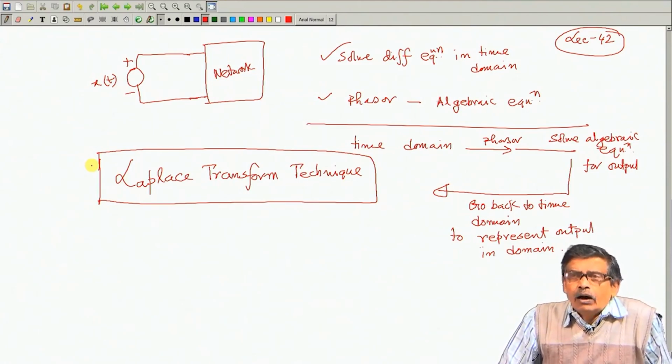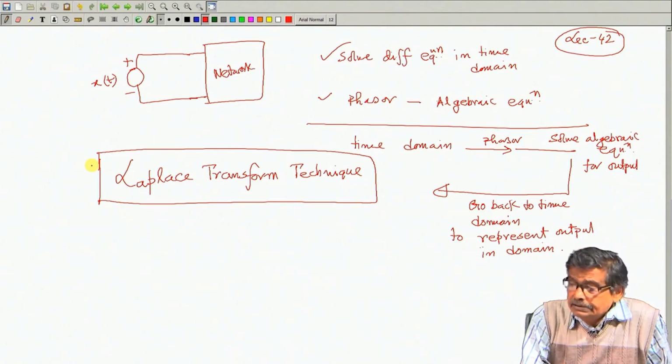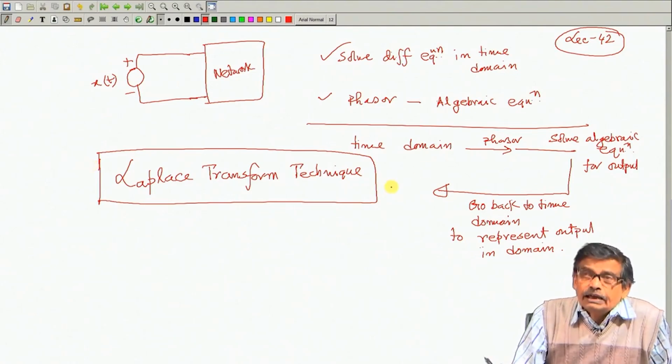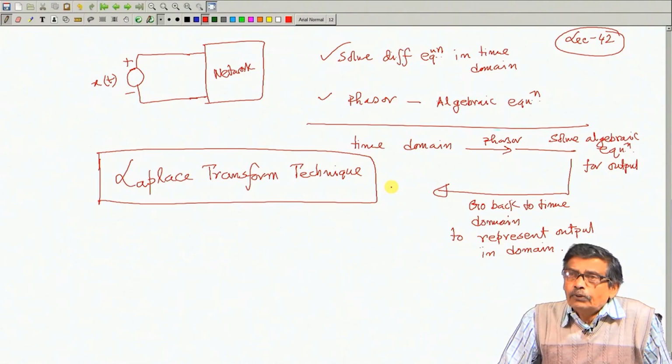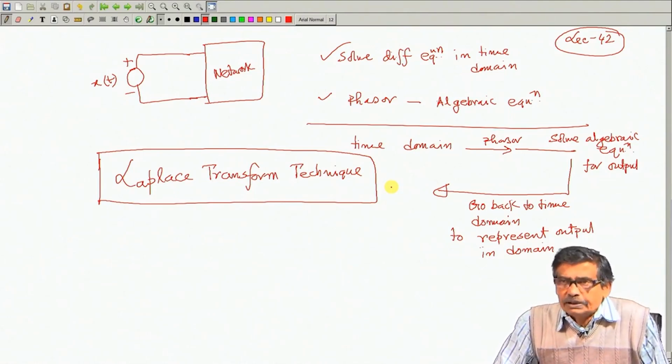There also, the initial conditions can be comprehensively taken into account, and in contrast with the phasor approach, both the transient part as well as the steady state part of the solution will be obtained.